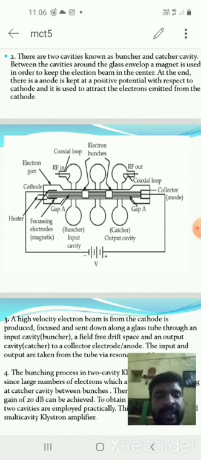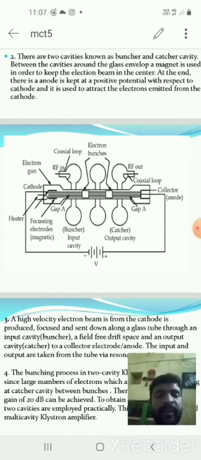Here we take two cavities. These two cavities produce a maximum gain of 20 decibels. To increase the gain, we use more cavities. If the number of cavities increases, the bunching takes place from A to B, B to C, and so on.